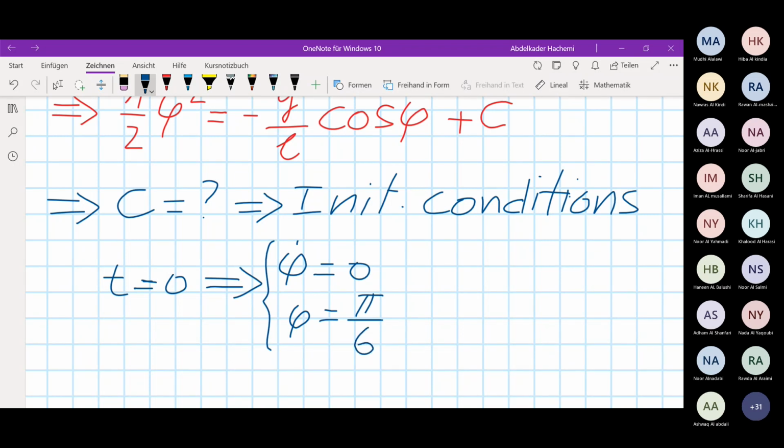This is what we know from the announcement of the exercise.